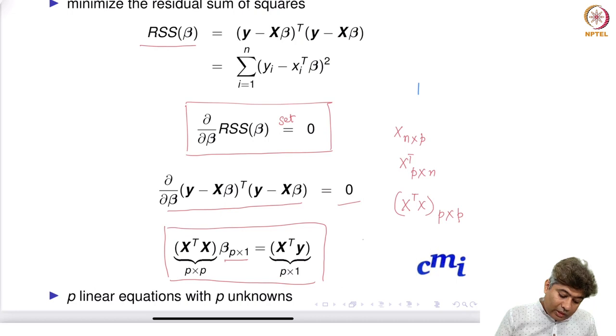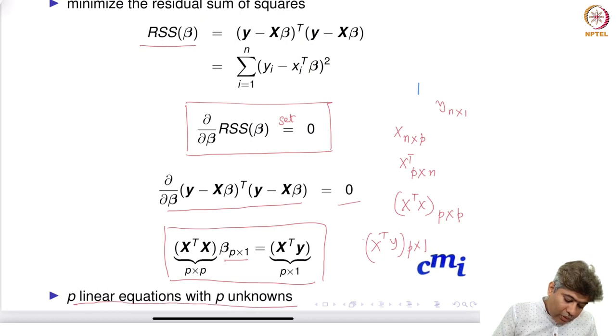X transpose is p cross n and y is n cross 1, correct? So X transpose y, p cross n times n cross 1, gives us p cross 1. So we are setting up p linear equations with p unknowns. These are the p unknowns with p linear equations.